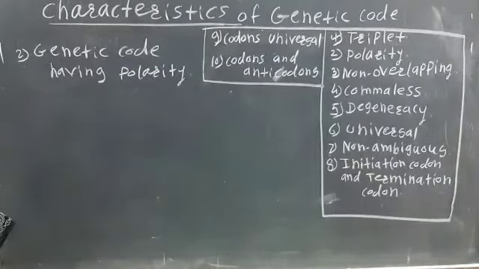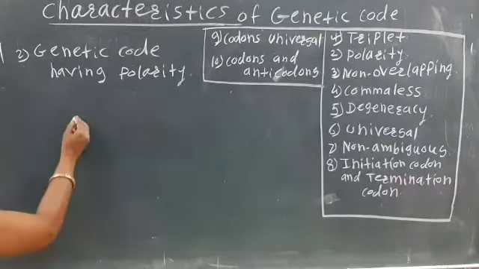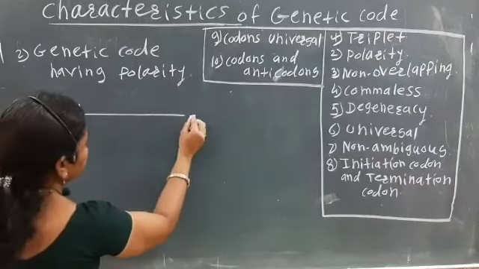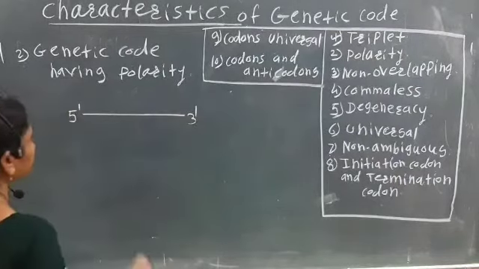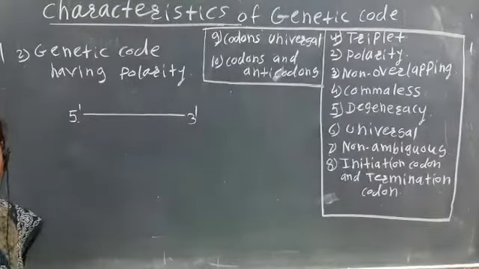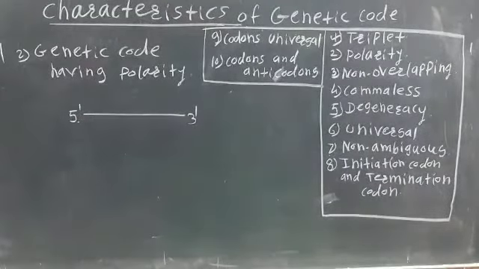Genetic code has polarity. So what is polarity in the genetic code? If we see, the genetic code is always read in a direction, that is from the 5 prime end to the 3 prime end. This is the 5 prime end of the mRNA and this is the 3 prime end. So these are read from the 5 prime end to the 3 prime end, otherwise the message will be changed.